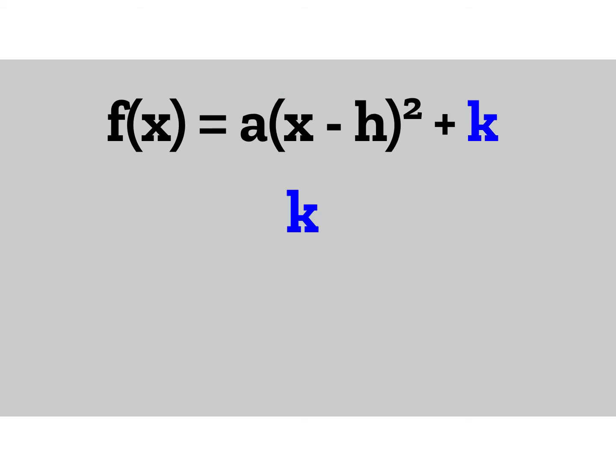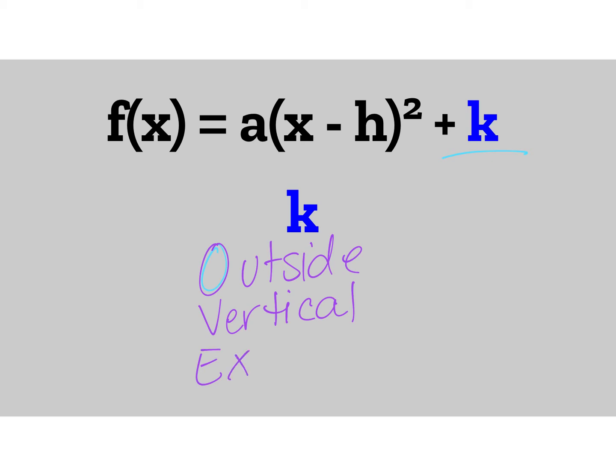K, that went quickly here. So for the K value, because it is outside the parentheses, I'm not sure that color's a great one. We'll go with this one. Because it's outside, it's going to be vertical, and it's exactly what you think.